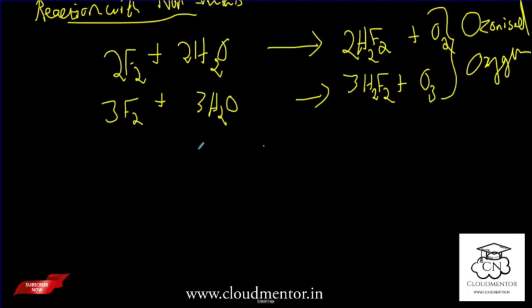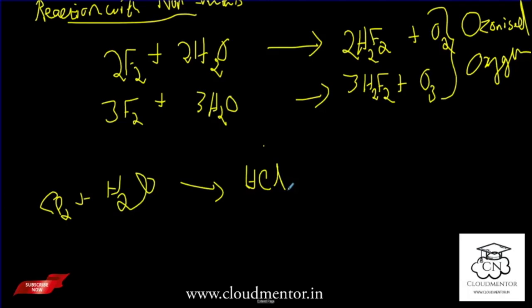That is hypochlorous acid. This Cl2 chlorine reacts with cold water, giving hydrogen chloride and hypochlorous acid.